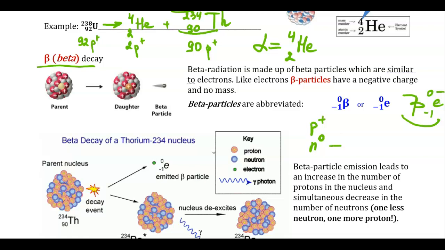Why? Because it can produce a proton and an electron. So sometimes in an unstable atom, a neutron decides, oh, I don't want to be a neutron anymore, I want to be a positive proton. But to become a positive proton, it needs to emit one electron, and this is a beta particle.